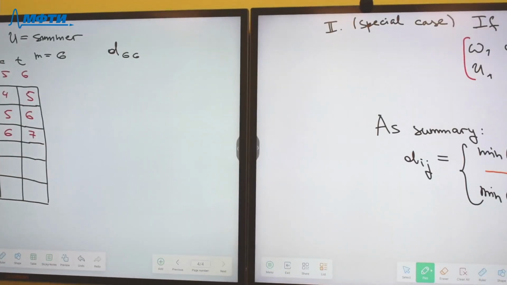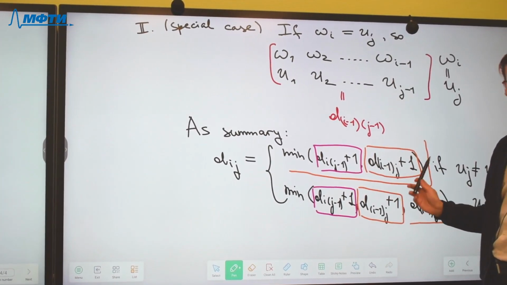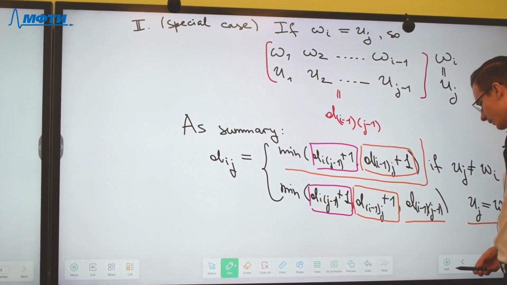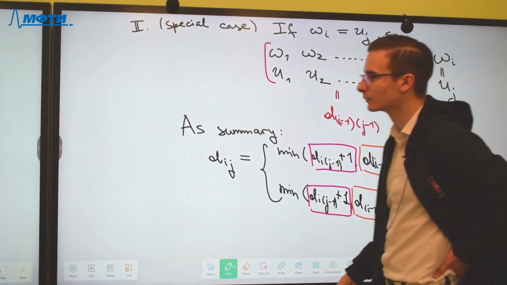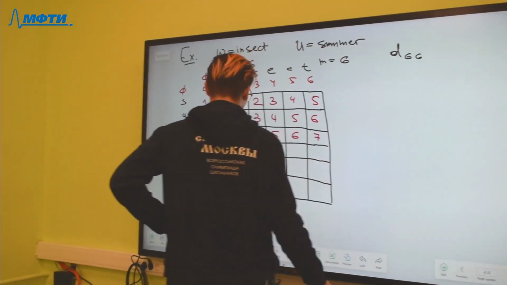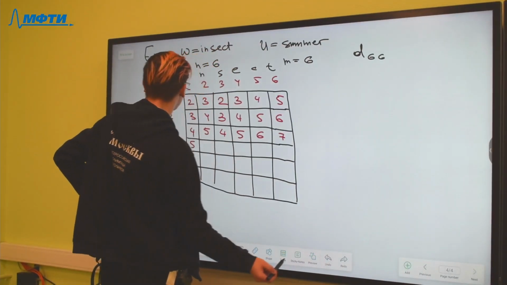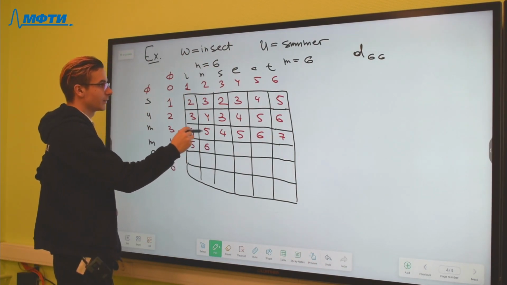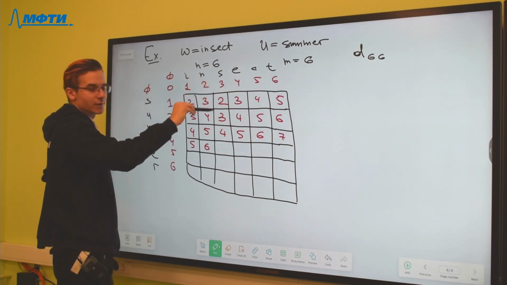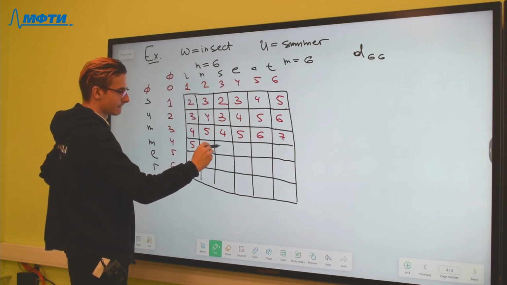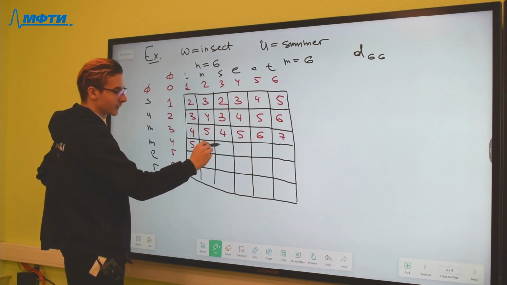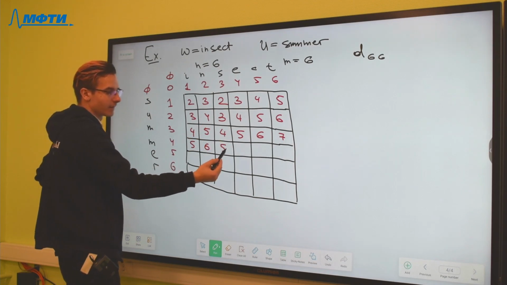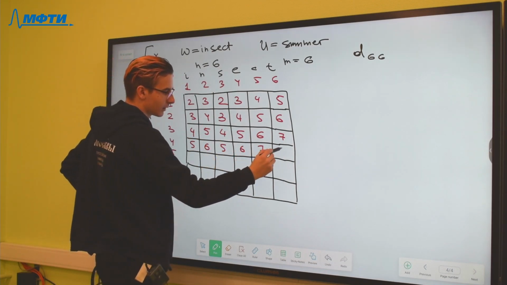Here we compare these two numbers and add 1. Or we can add 1 to it and then compare them. So then we compare it and add 1 because they're different for all these characters. 5. I think that the minimum of these two numbers equal to 4 plus 1, 5. 6, 7, 8.